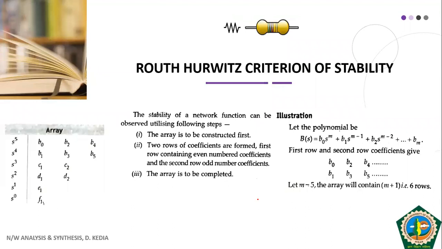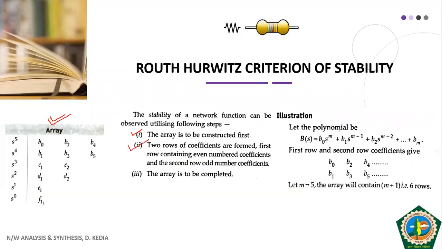So this is a kind of mathematical tool that will help us in determining the stability of a given network. Okay, so there are certain steps for that. For the Routh-Hurwitz criterion, we have to develop such an array, which has been shown towards the left-hand side of your slide. So how to proceed with that? The first step is we have to construct the array. I'll tell you how we have constructed the arrays.